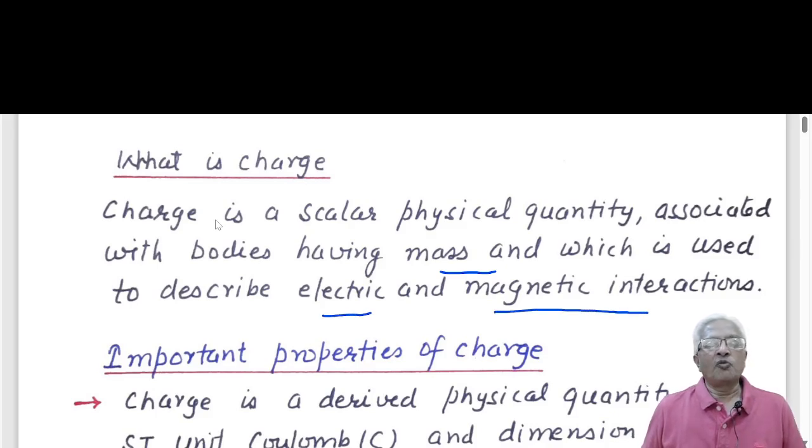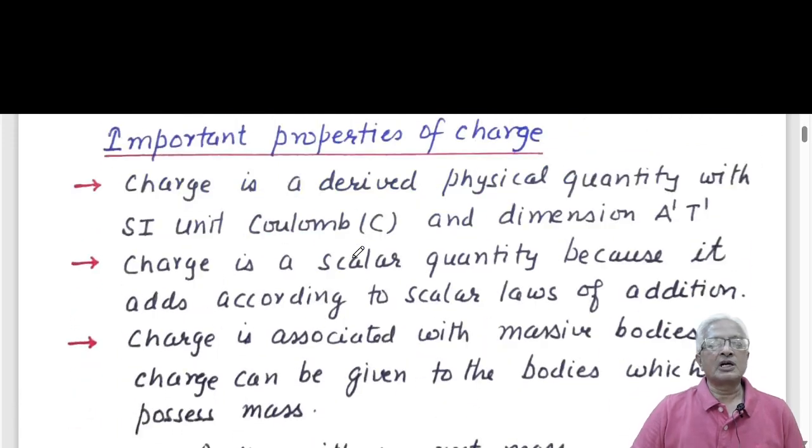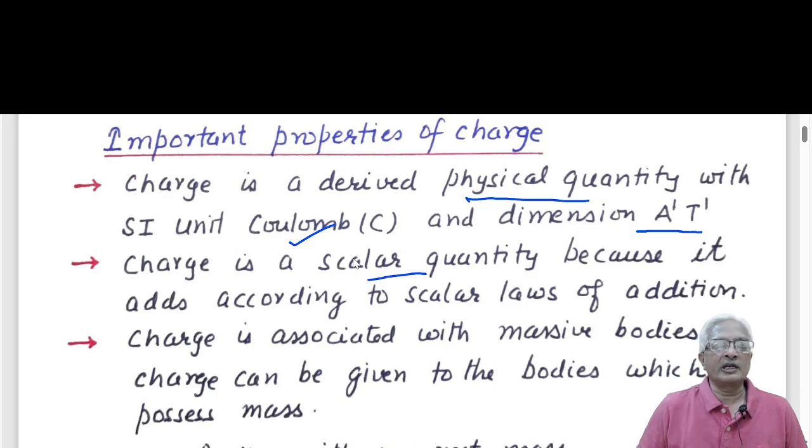So, what are the important properties associated with the charge? Charge, we can say, is a derived quantity with SI unit coulomb and dimension ampere power 1 T power 1. Charge is a scalar quantity, as I said, because it adds according to scalar laws of addition.